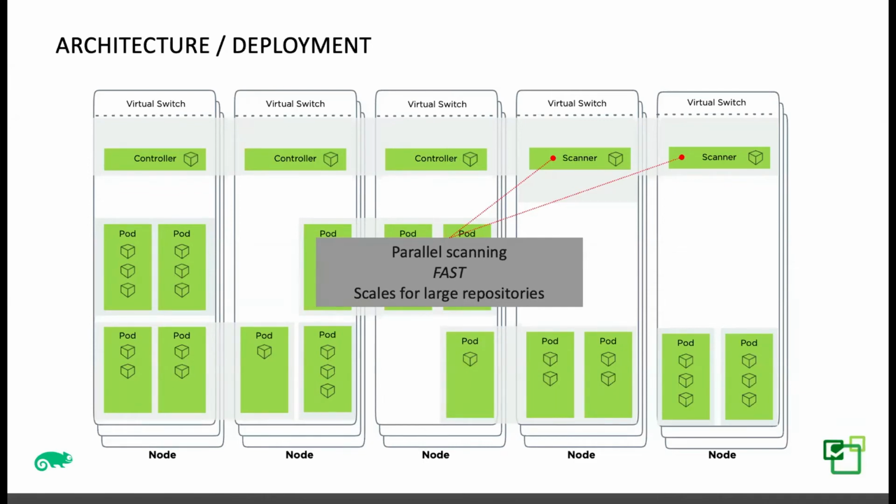So that can be scaled up. You can use the replica set scaling that Kevin showed you to scale up to 10 scanners. If you have to scan 10,000 images in a registry because you have a new CVE database update, you can scale it up and get that done really fast, whereas other scanners will just not complete that job.